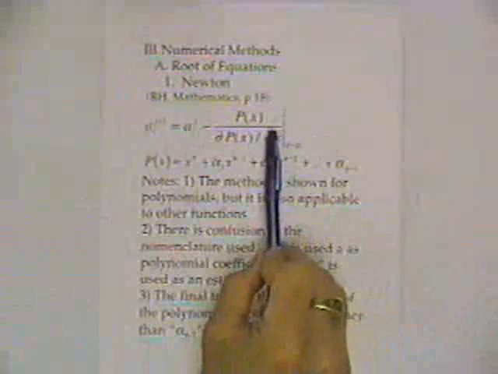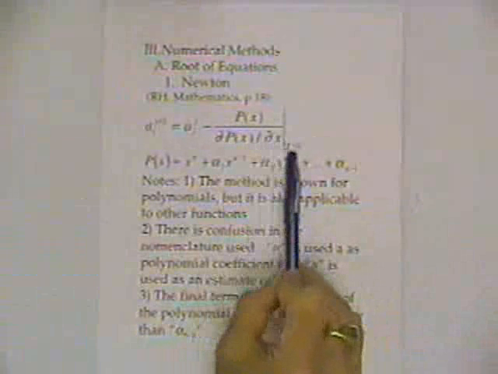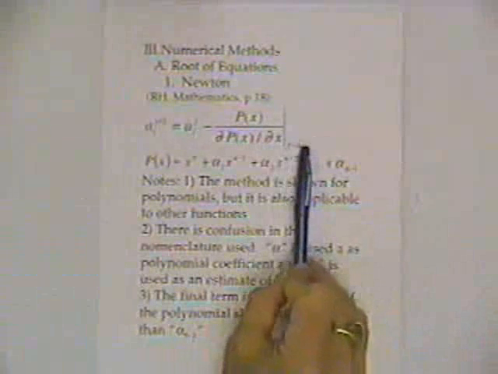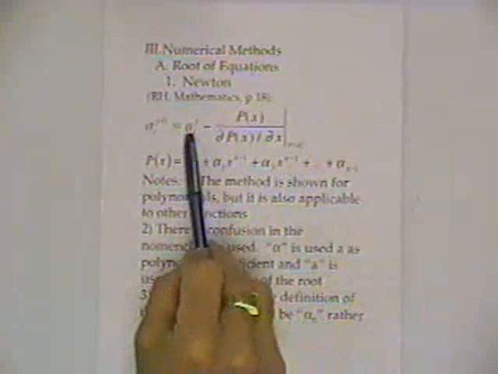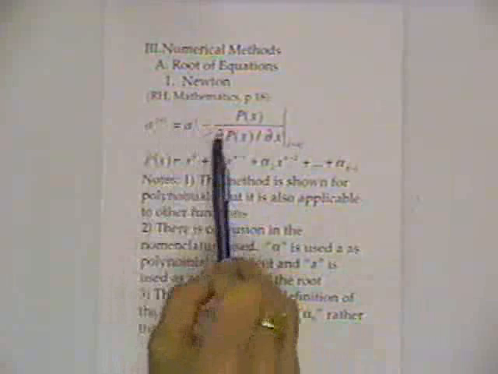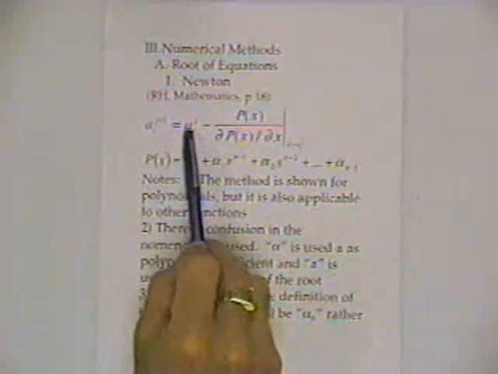So Newton's method works by evaluating the function and the first derivative of the function at a value of x equal to the current estimate, a super j, and then subtracting that ratio from the current estimate of the root to calculate the new one. So you begin with some guess, say j is equal to 1.